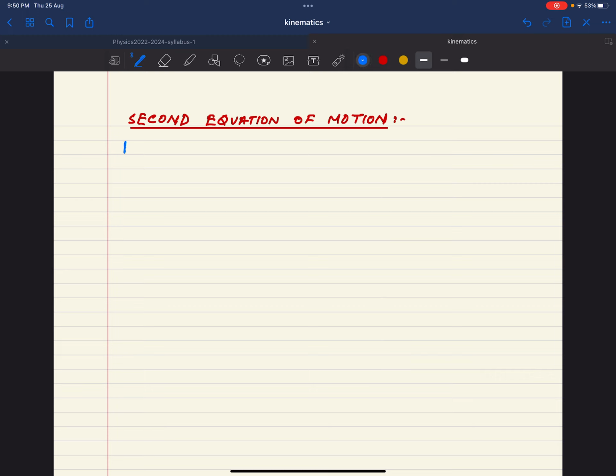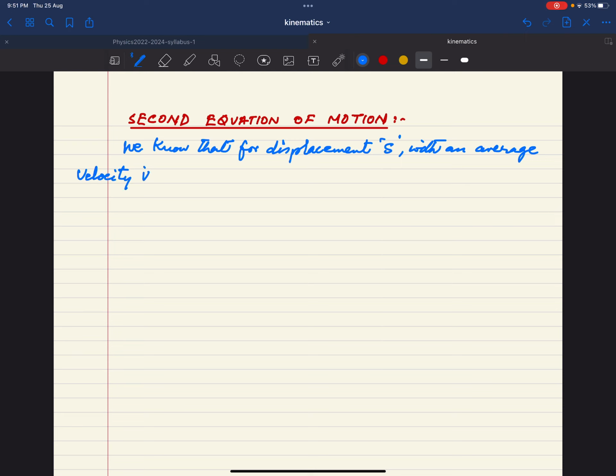We know that for displacement s with an average velocity during time t, we have the following equation, as we have discussed already, that s is equal to v bar t.